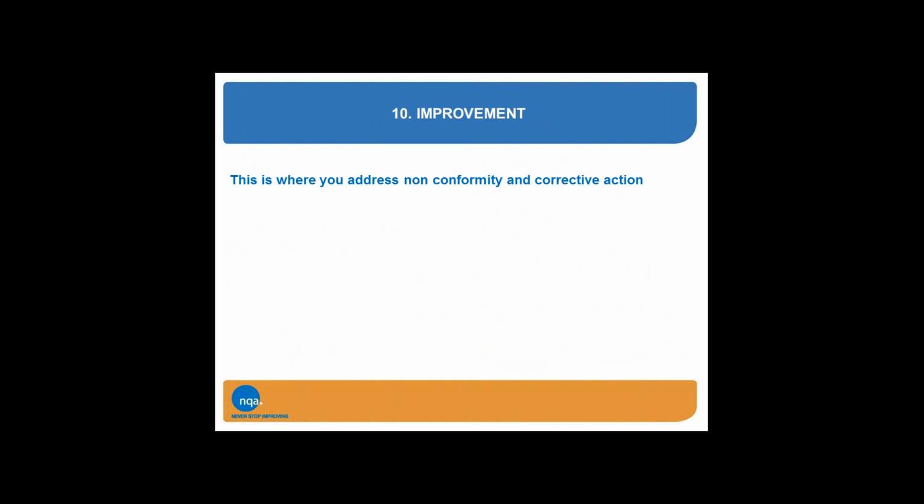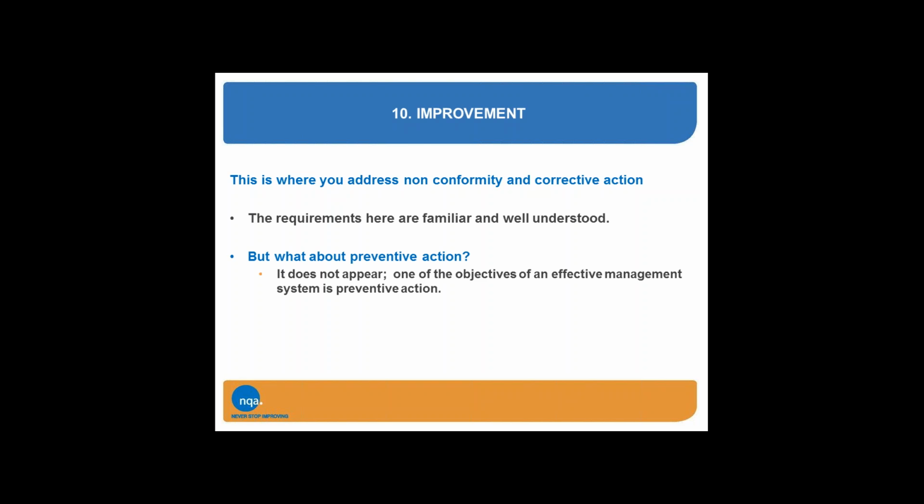Moving now to clause 10, improvement, and this is where we pick up non-conformity and corrective action again, looking at trends and analysis of these things with a view to improvement. I would suggest in clause 10 the requirements are probably familiar and well understood by you already. What about preventive action? It doesn't appear in this clause.